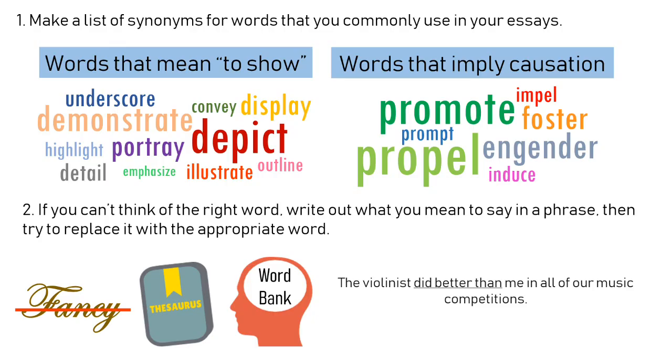So we have the phrase did better than, but we want to replace that with one word that will actually mean the same thing and will fit the context of the sentence. So you can try to think up of a word that means did better than on your own. There's actually probably multiple answers, but the word I came up with was surpassed.